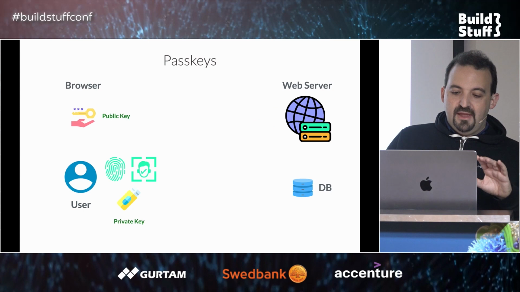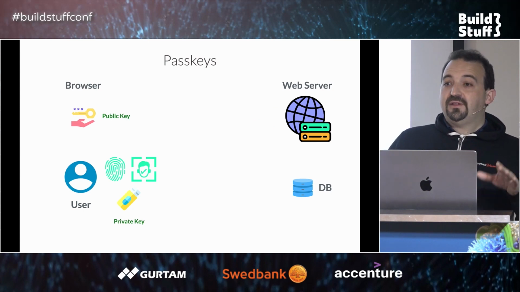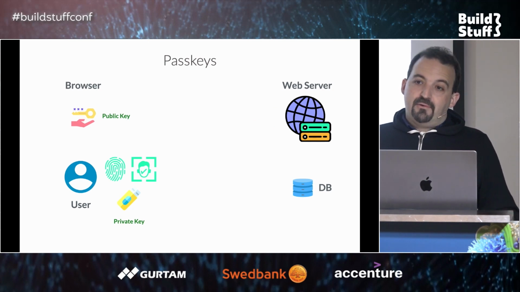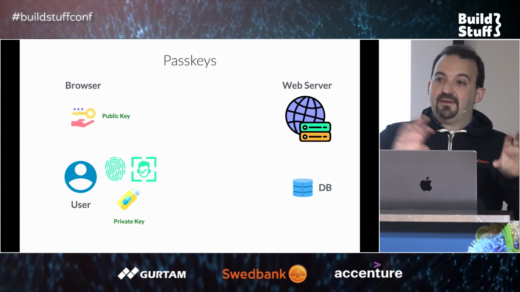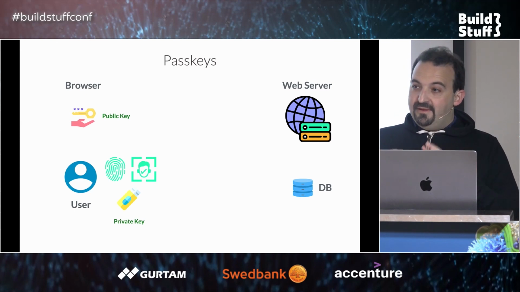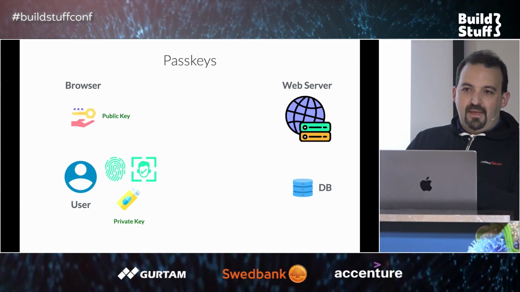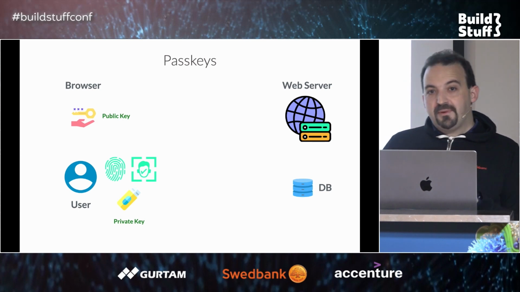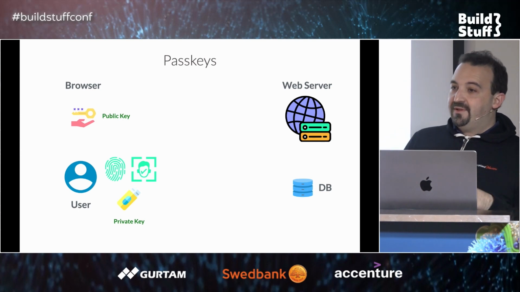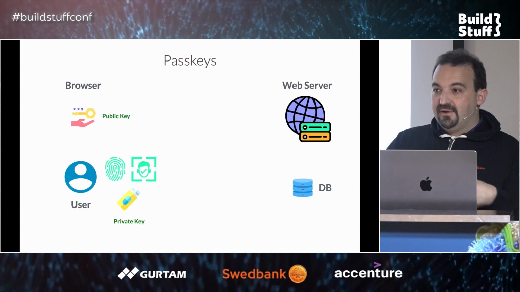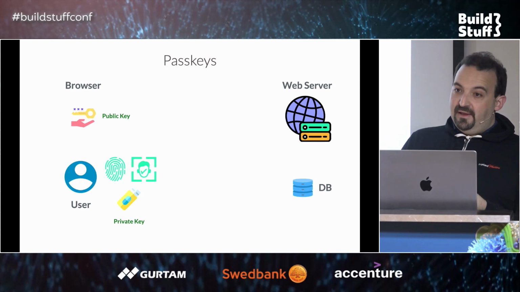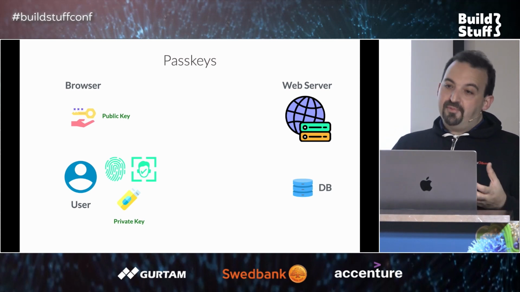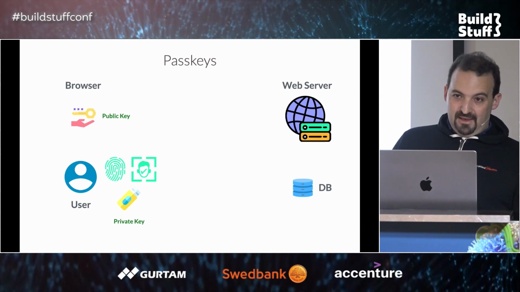There are two keys, so this has to do with cryptography and private and public keys. I don't have enough time to get too deep in the details, but there is a system in the device or in the browser that will generate a pair of keys, a private key and a public key.